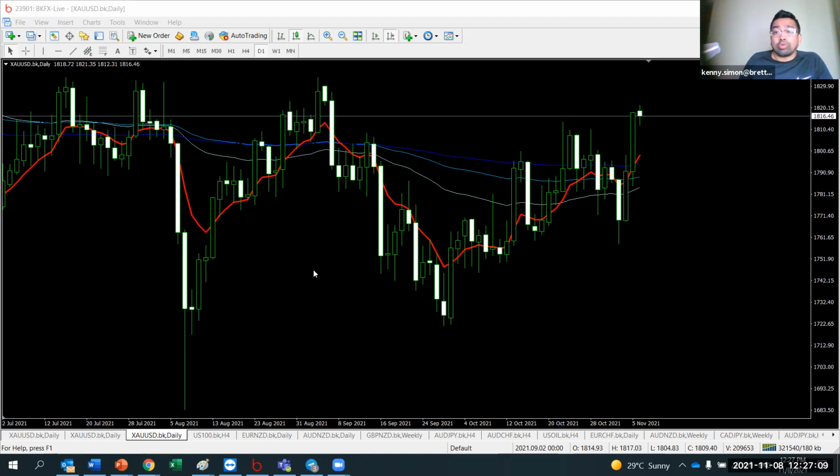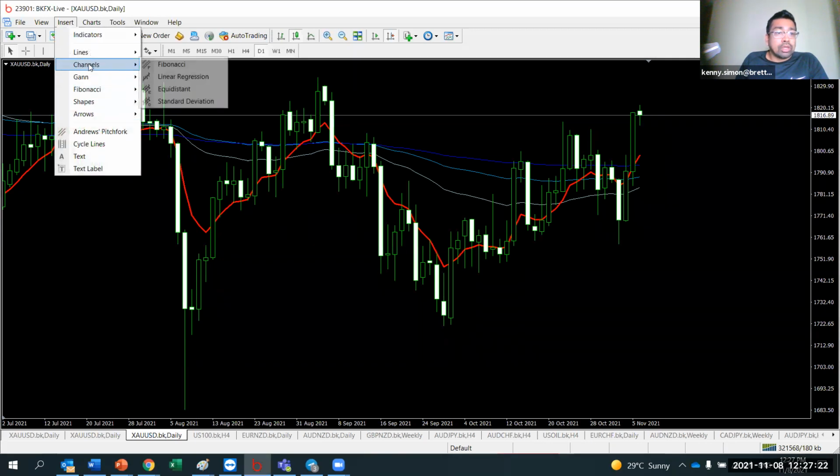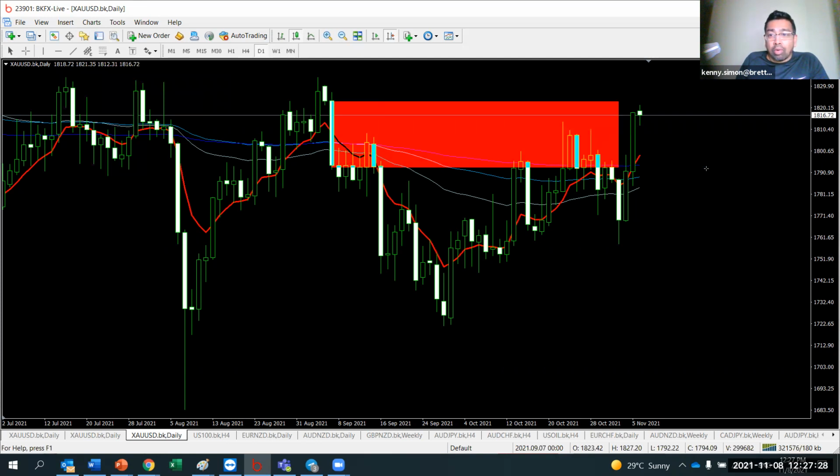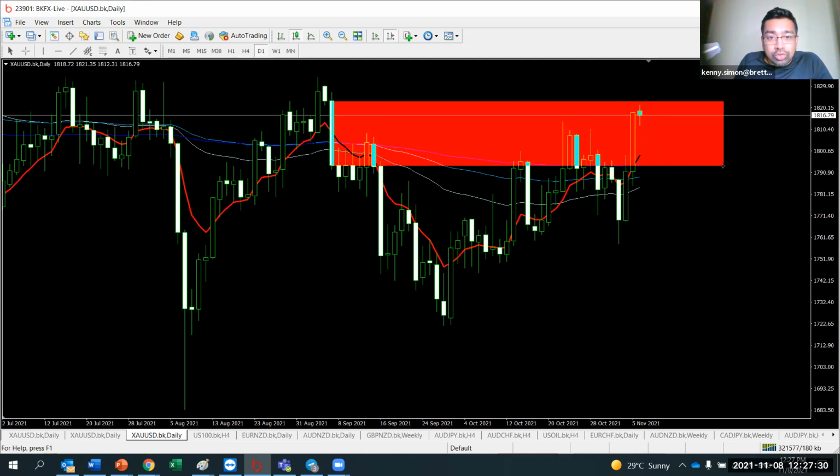What I've noticed is that the current price at 1816 is finding resistance at that area, and it coincides with a bearish candle that I will highlight right here. This is a red rectangular box that I usually use to lay out an area of resistance.